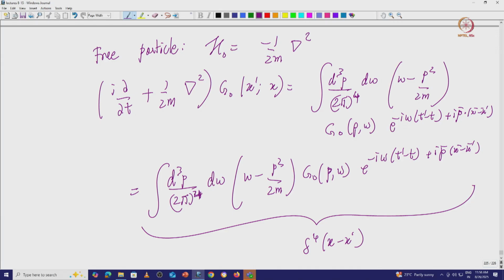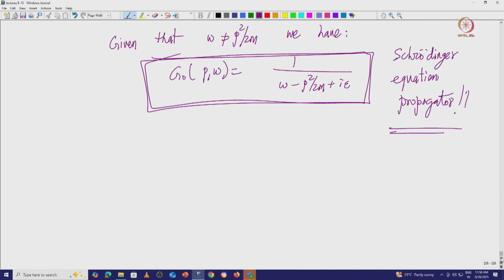Now demanding that omega is not equivalent to p square by 2m, we got the condition that G of p omega is nothing but 1 by omega minus p square by 2m.